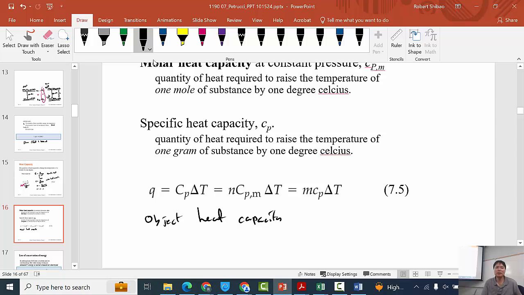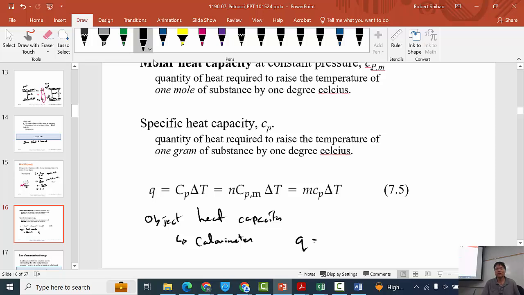One of the most common objects is an instrument that's designed to measure heat and temperature. And that object is called a calorimeter. A calorimeter measures how many calories or how many joules it takes to increase the temperature. So there's a thermometer on the calorimeter that we can use.